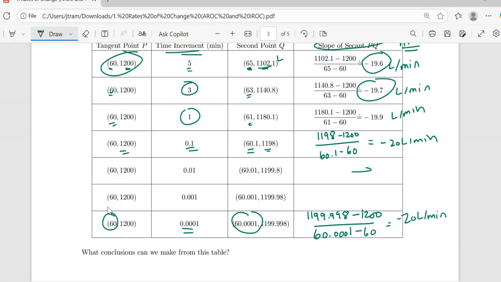If you were to do these two as well, and you can verify it, you'll find a number that's very close, if not exactly, negative 20 liters per minute.